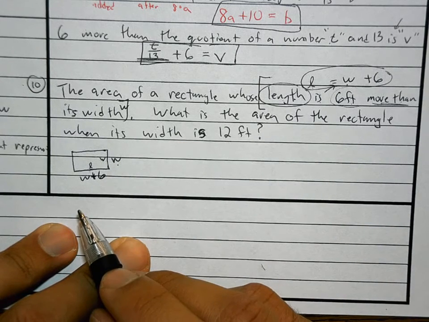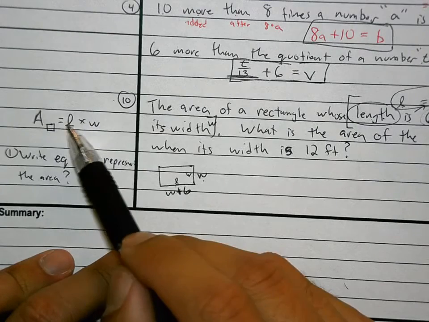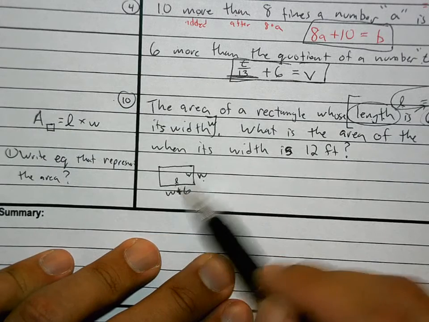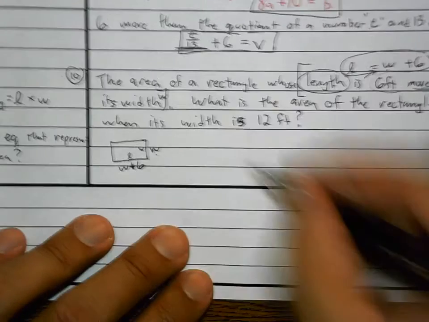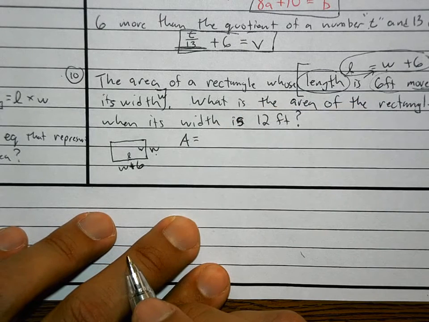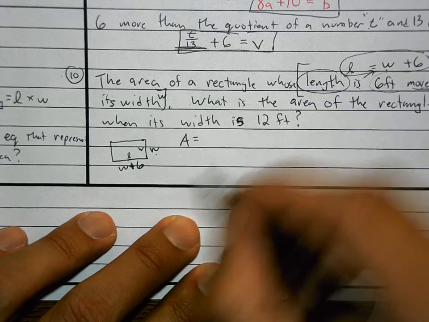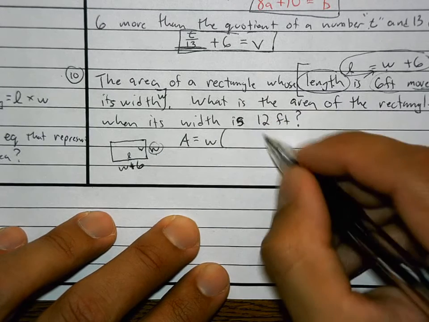And if you're trying to find the area, earlier we wrote down that the area is the length times the width. This times that. All I have to do is write it like this. Here's the answer to part 1. The area is equal to this width times this length.